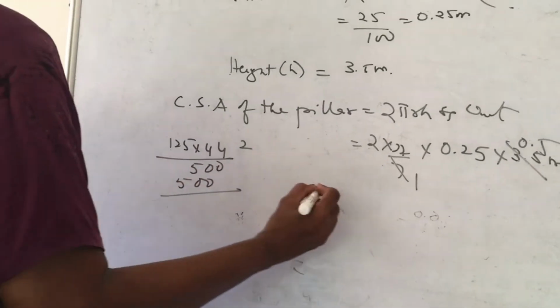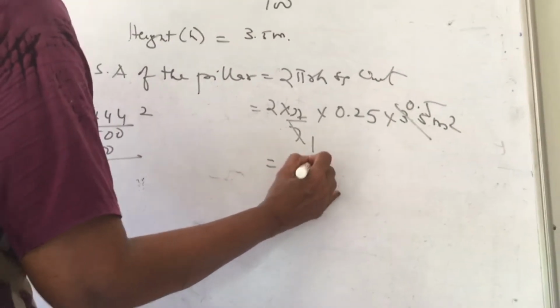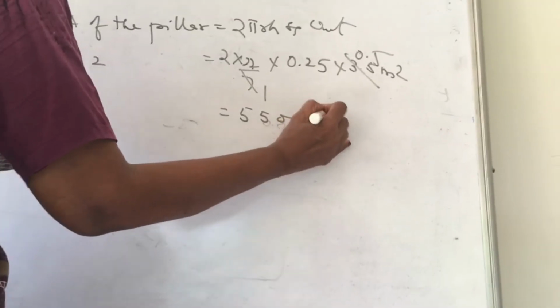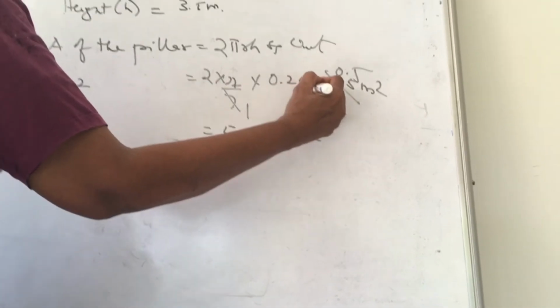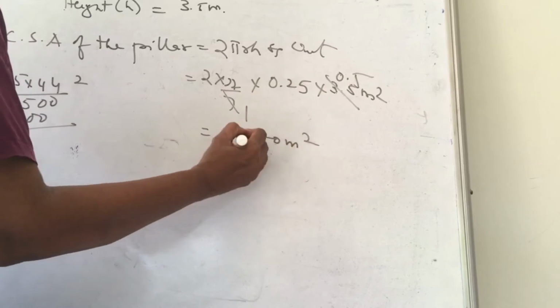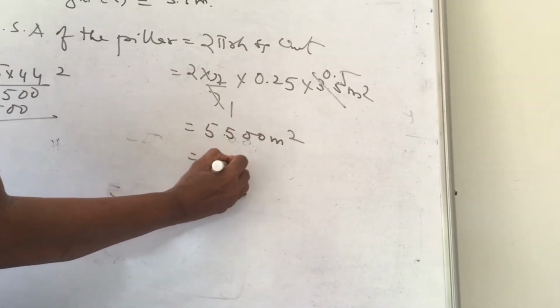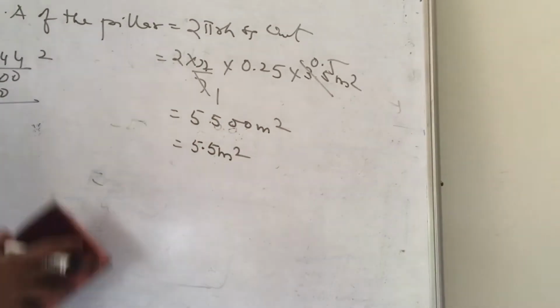That is 5,500 meters square, children. How many digits after the point? 1, 2, 3. So it is 5.5 meters square.